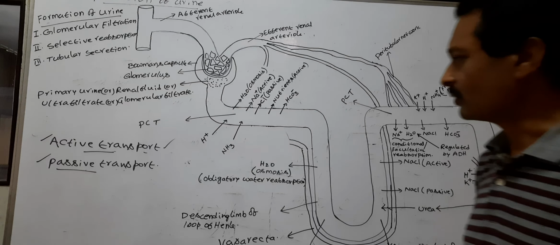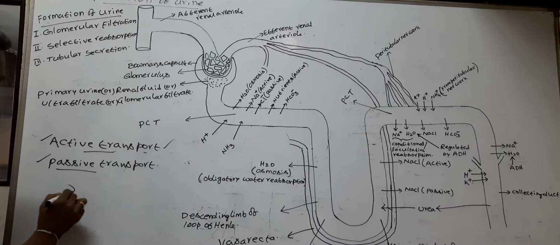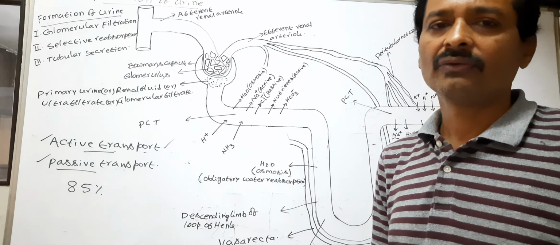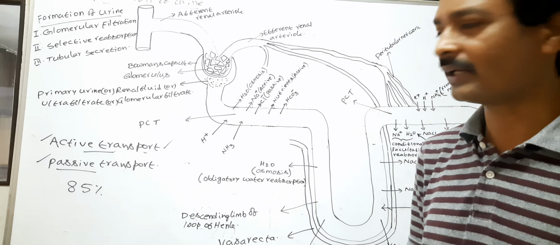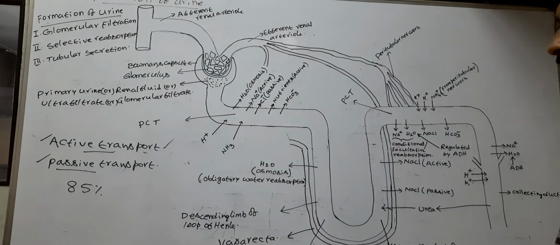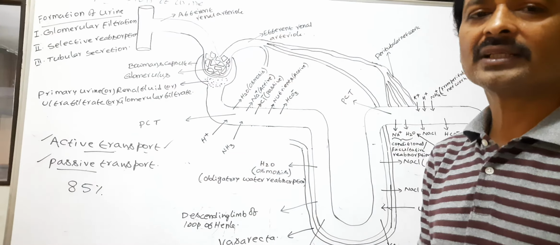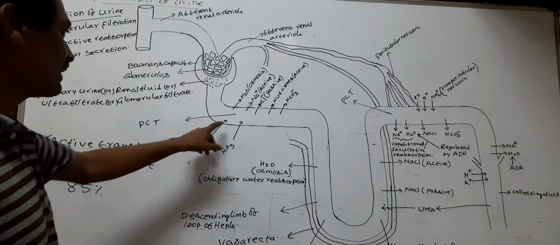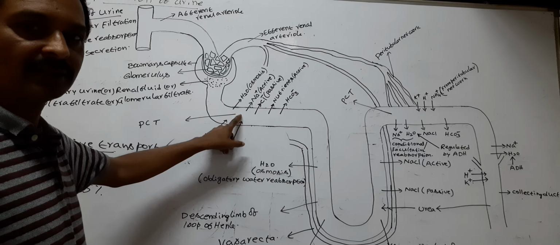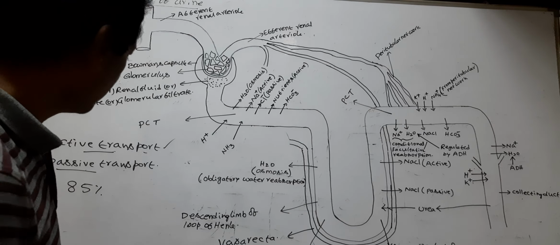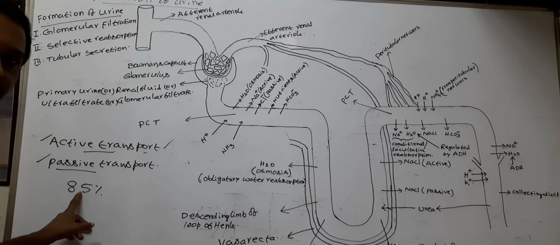Next, about 85% of substances of primary urine are reabsorbed into blood without regulation.